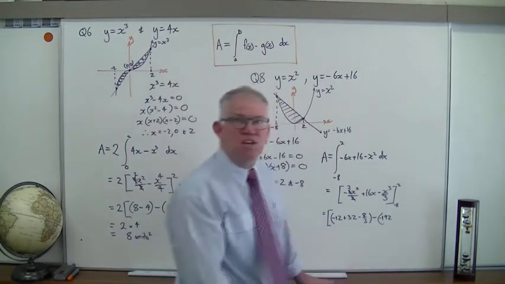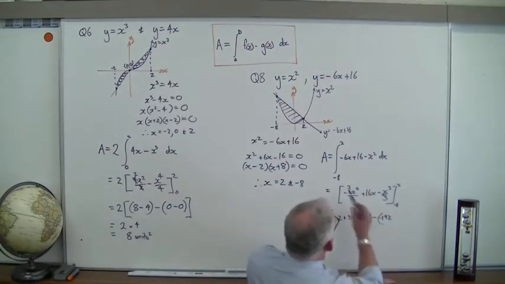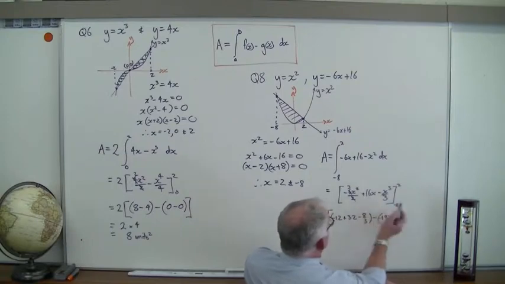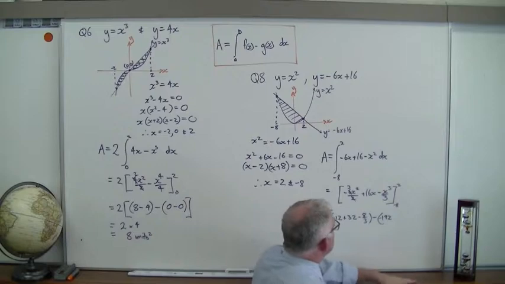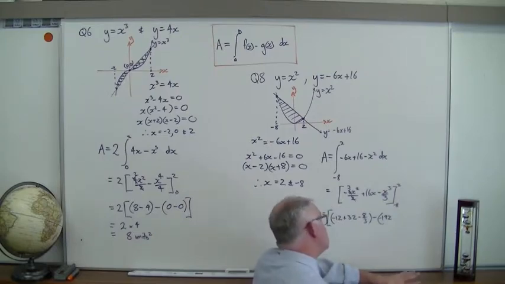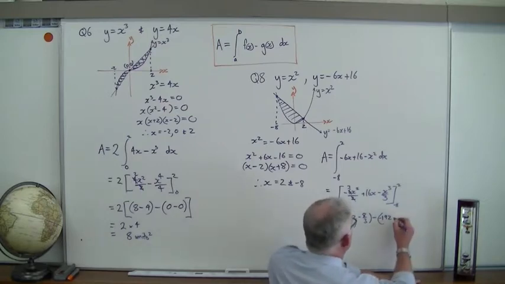Woof, scary. All right, so and then this one will be 8 times 16, but it's a negative. So 8 16s, 80 and 48 is 128. So that'll be minus 128.